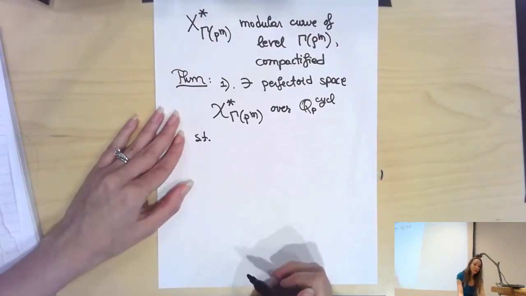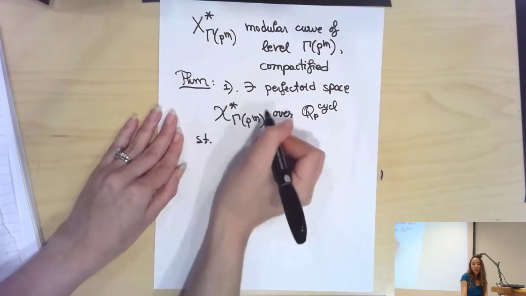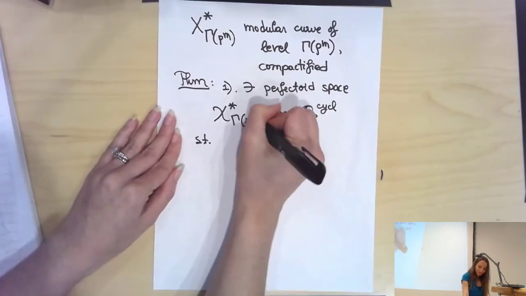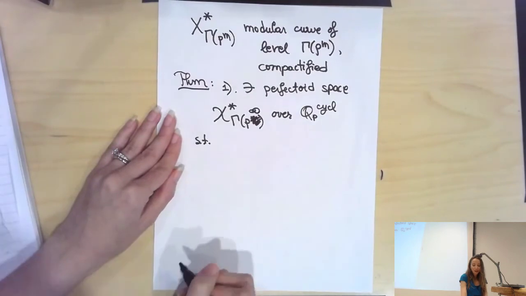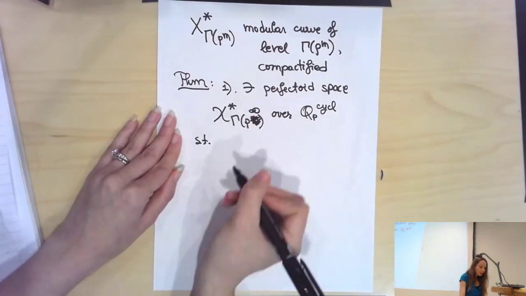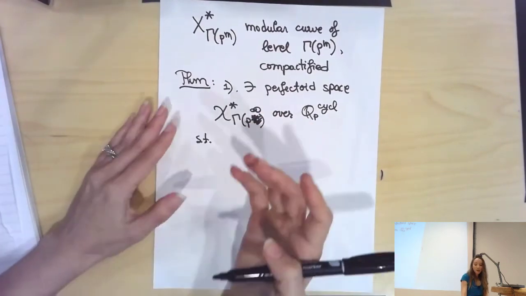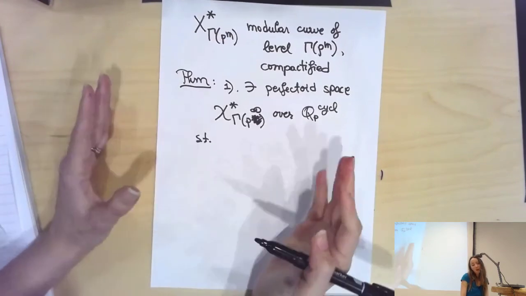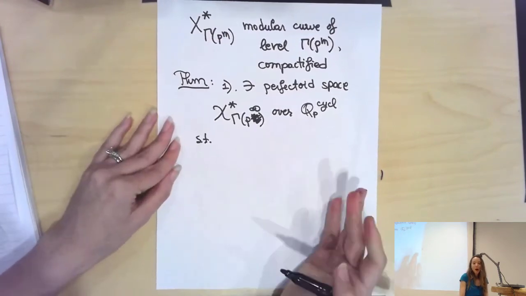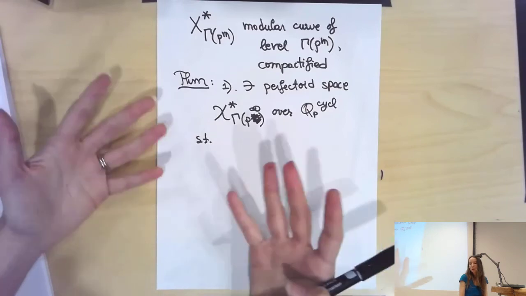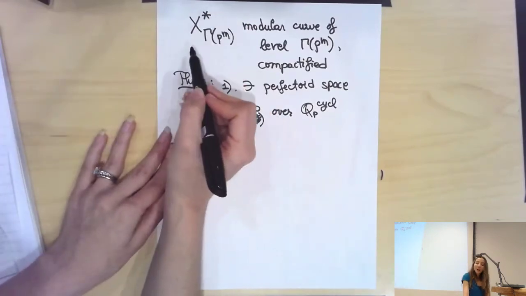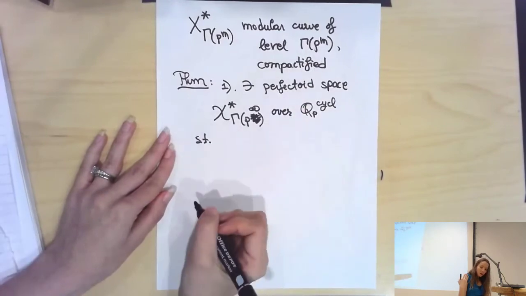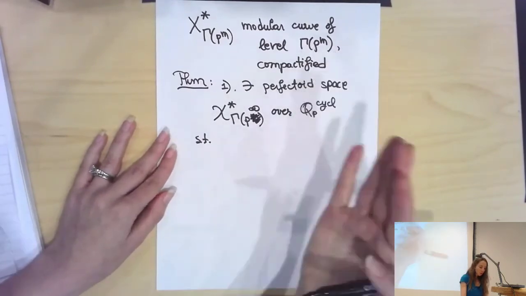So for that, we need to say that this is essentially the inverse limit, perfectoid, so I better take infinite level at p. Sorry, so not an m, but infinity. And I want this to be essentially the inverse limit of the adic spaces corresponding to these modular curves at finite level, where the finite level, the m, goes to infinity.